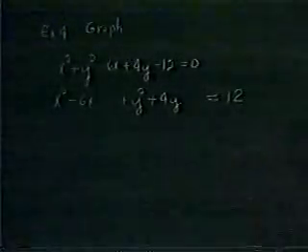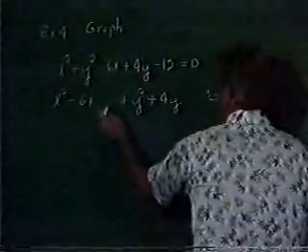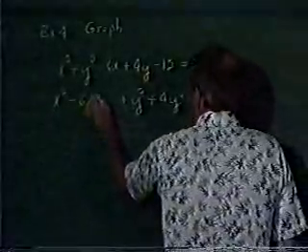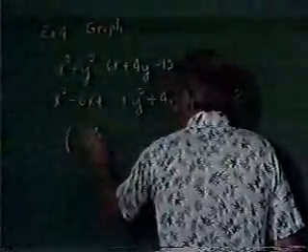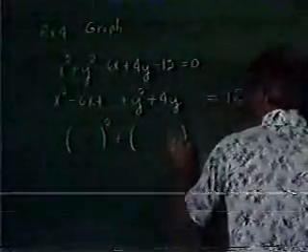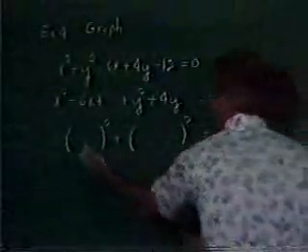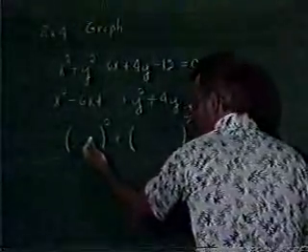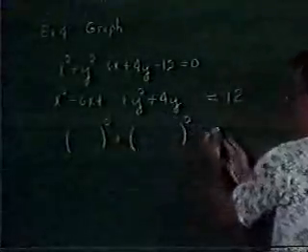Now, what I want to do is what's called complete the square. I want to add a number here such that I can come back and get this factored into a parenthesis, factored into a parenthesis is equal to something over here. And if I do that, I have a circle. X minus or plus something squared, y minus or plus something squared is equal to a number.